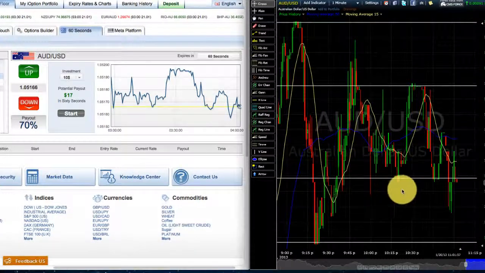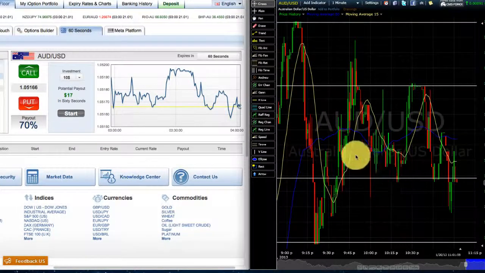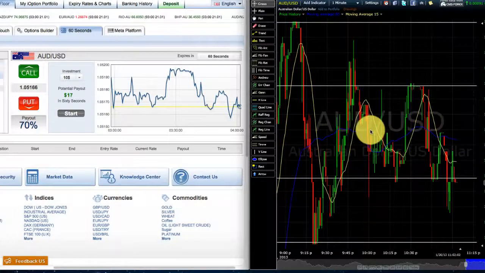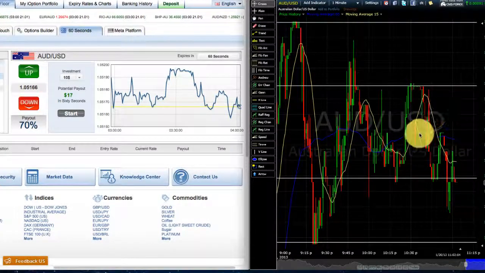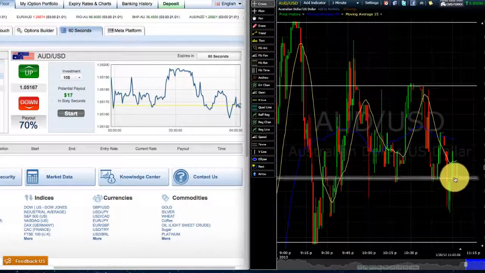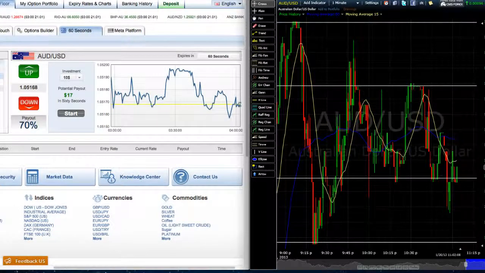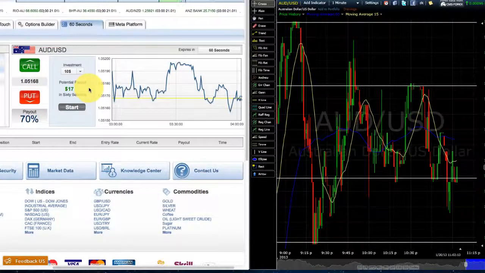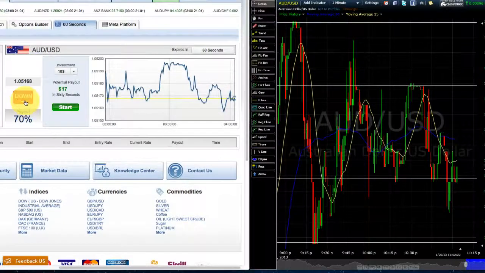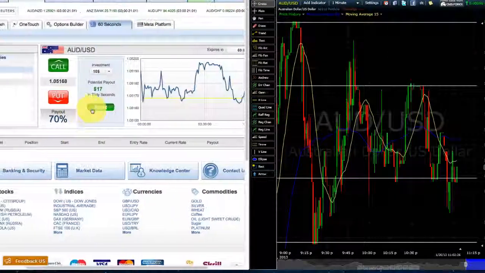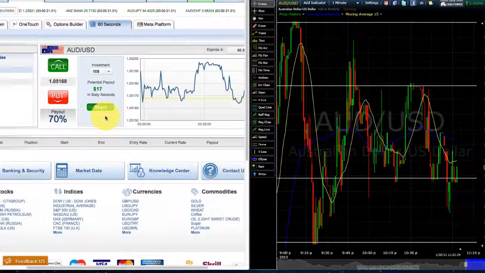So basically this strategy is trying to trade a very clear downward or upward trend. Once you see that the price is strongly going in an upward or downward direction, that's where we want to trade. Once we've figured out which way the price is going, we select an up or down call, or call or put, have our investment ready, and then just start firing trades in.